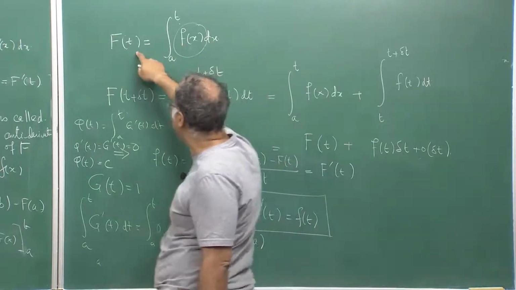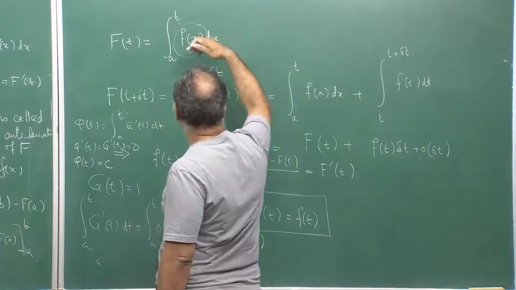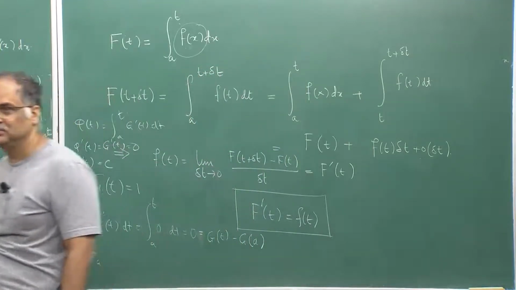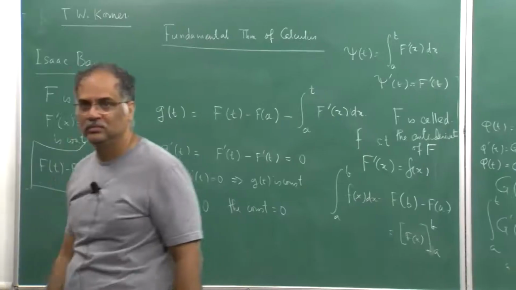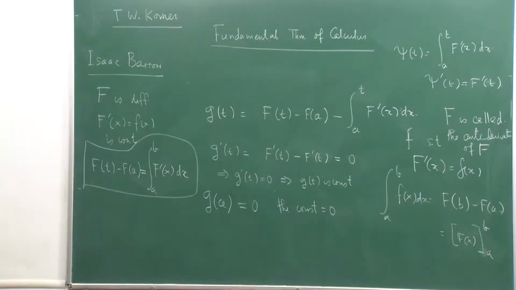So here what we have shown is, why didn't you write this thing as this integral? If you really compute the integral, it should be f t minus f a. But that is only possible if you have f dash t equal to f x. Then this integral value is actually f t minus f of a, and what is f of a here?